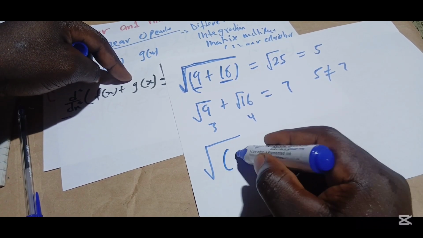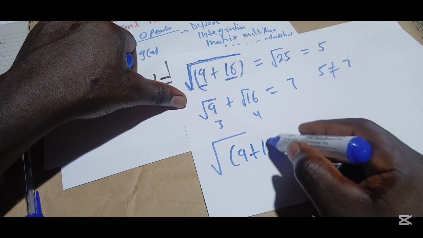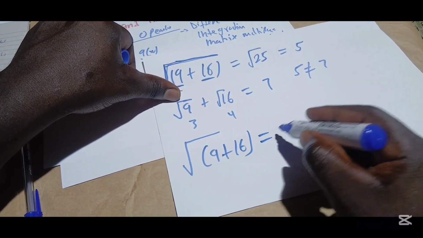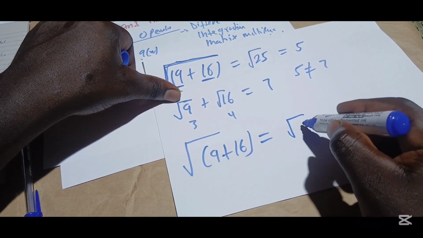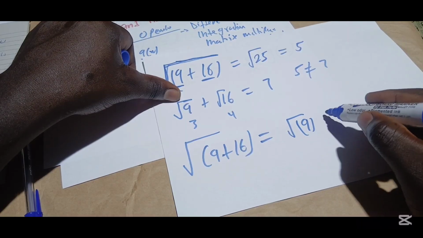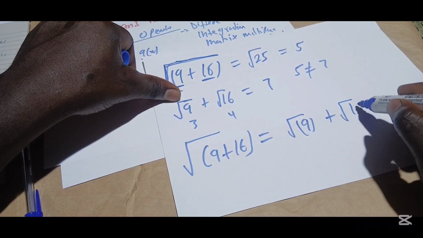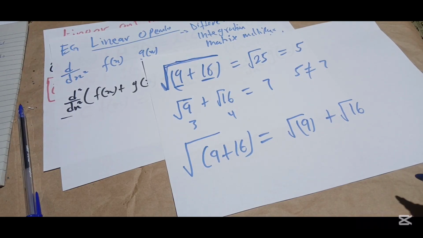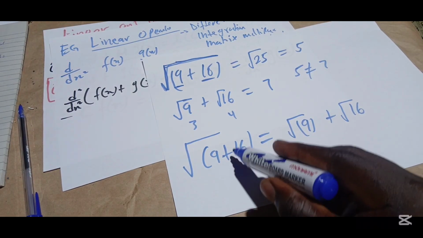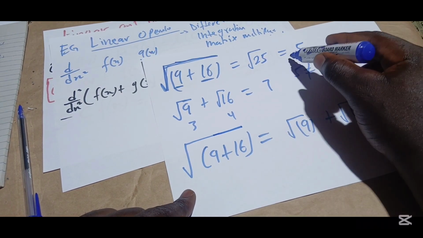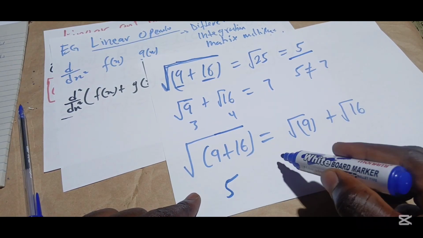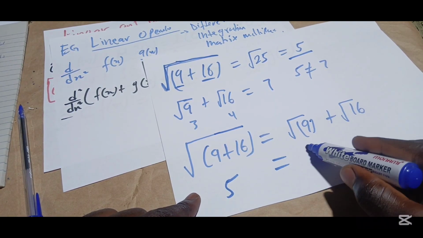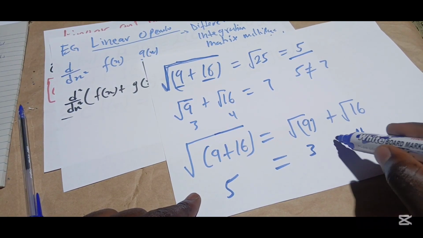Let's say the square root of 9 plus 16 should be equal to our operator on one function plus our operator on the remaining function. The whole of this will give us 5, but this will give us 3 and this will give us 4, which is 7.